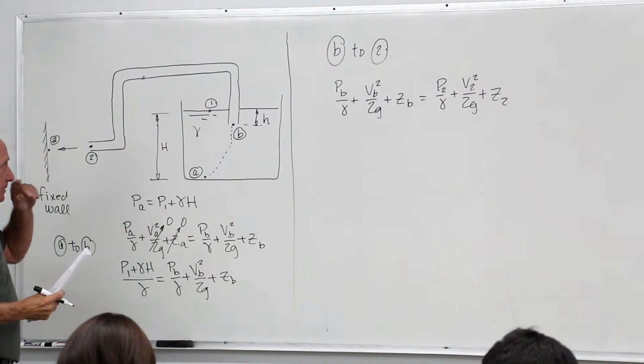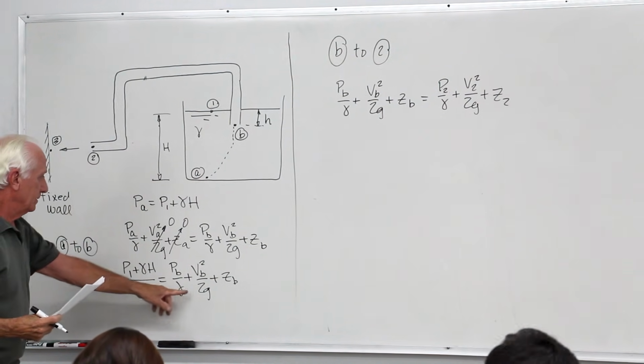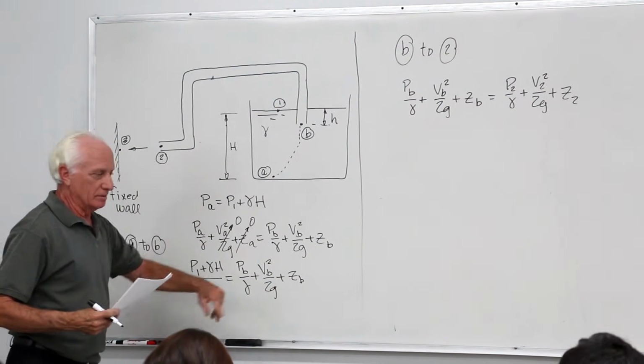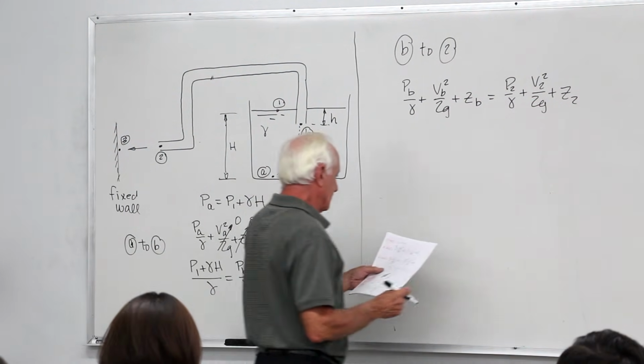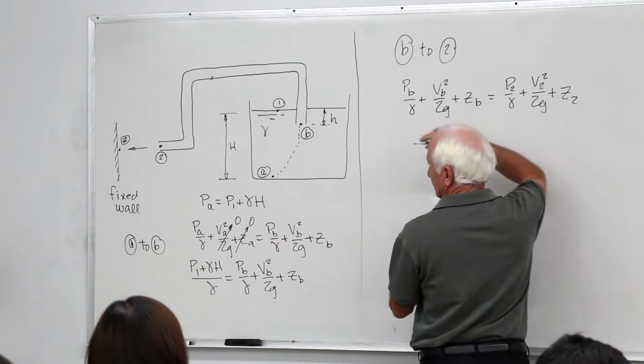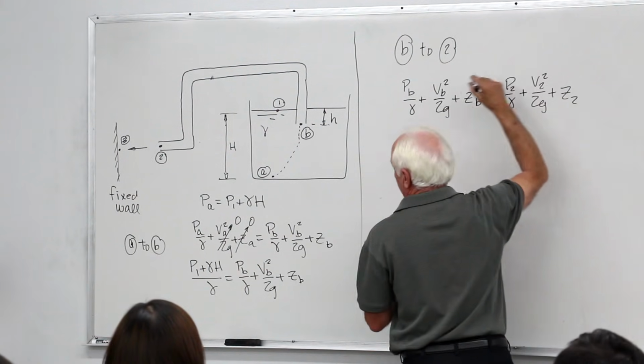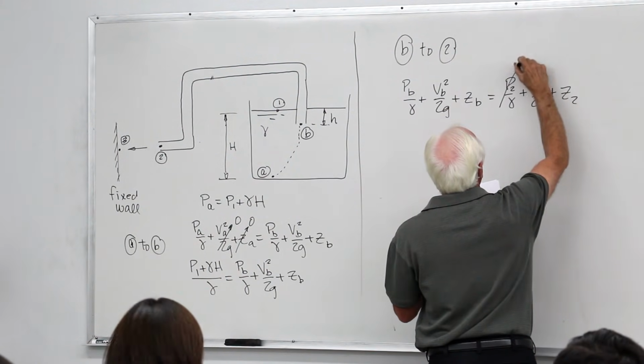Go back to B. Okay, none of those are 0. Let them go. But this guy right here, we know it's exiting to atmosphere, so P2 is 0.